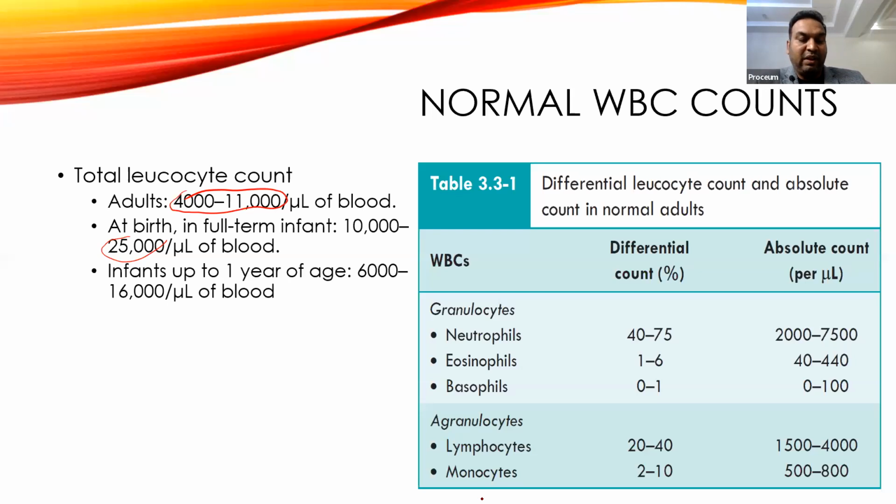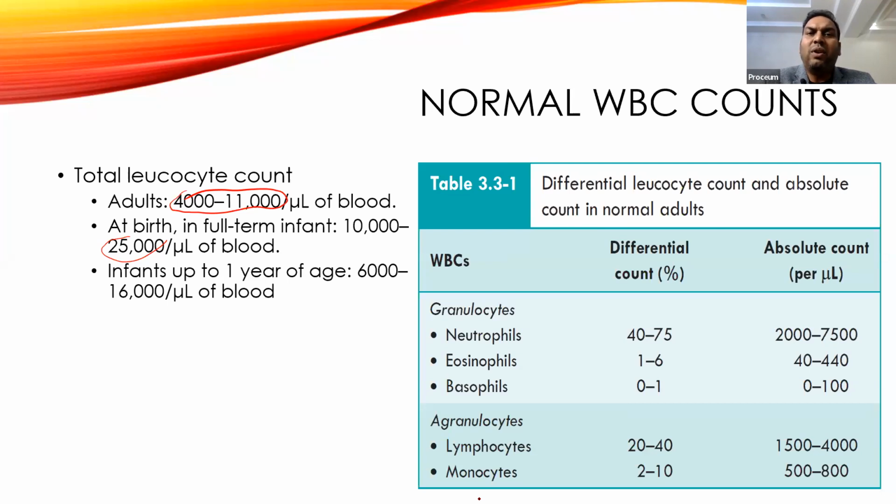Then come to how we do the total leukocyte count. This method is called TLC, total leukocyte counting, and it is done with the help of Neubauer's chamber. The method is similar to the method of measuring RBC counts. Here we take a blood puncture from the ring finger, take a drop of blood into the pipette, and dilute it 10 times with the diluting fluid.